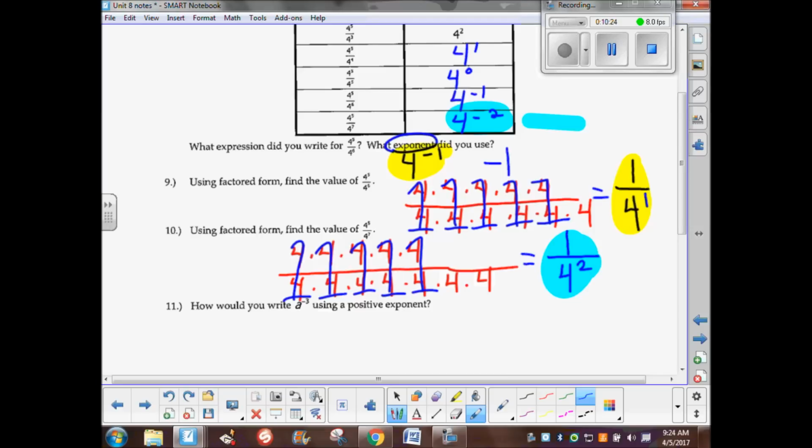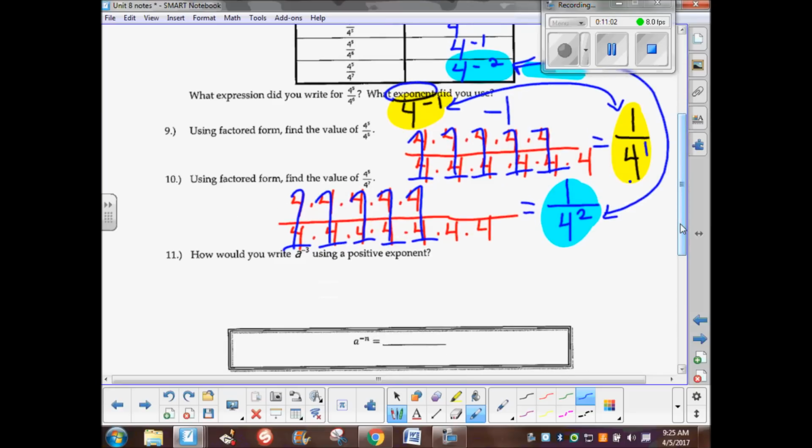Compare the 2 yellow answers for the first example that I highlighted in yellow, and then compare the 2 answers that I've highlighted in blue. Think about it. 4 to the negative 2 is equal to 1 over 4 to the positive 2. And then in the yellow, I had 4 to the negative 1 is equal to 1 over 4 to the positive 1. So how would you write a to the negative 3 using a positive exponent? Who sees the pattern?